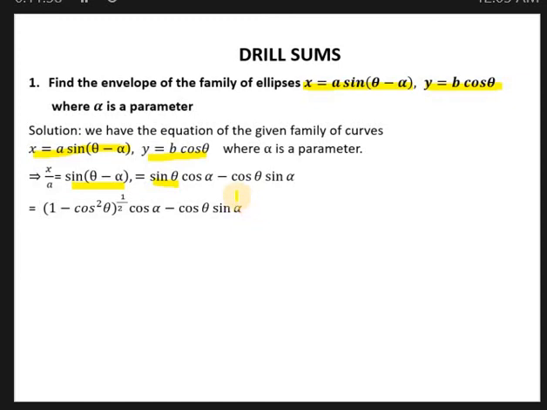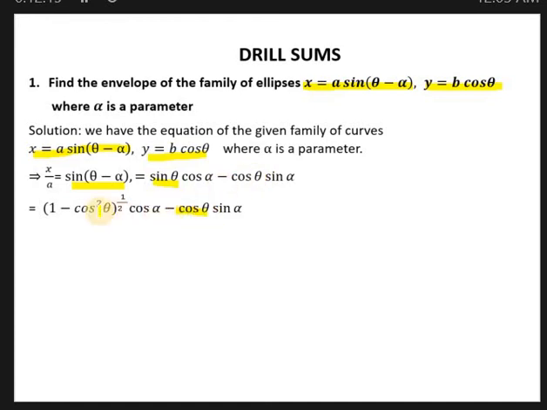Now substitute for cos theta from the second equation. Y is equal to b cos theta we have. Hence cos theta is equal to y by b. Cos square theta means y square by b square, and here also substitute for cos theta.